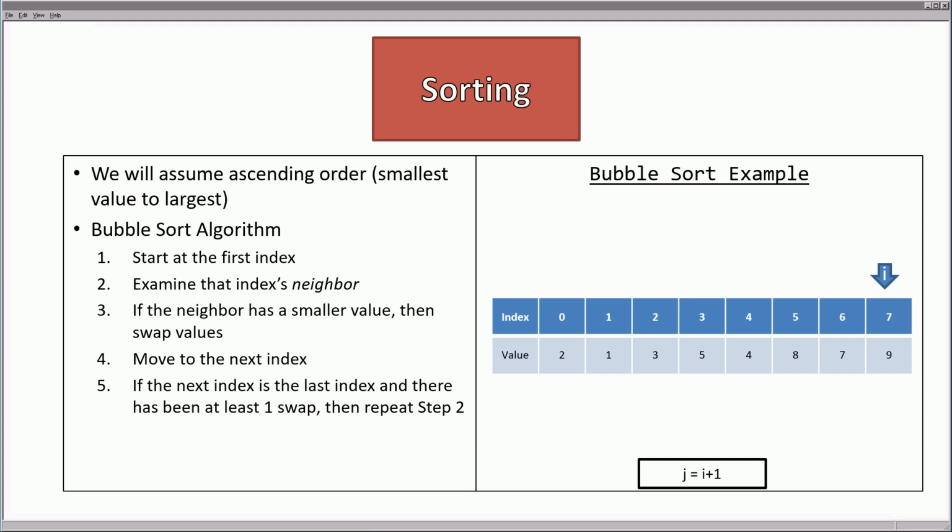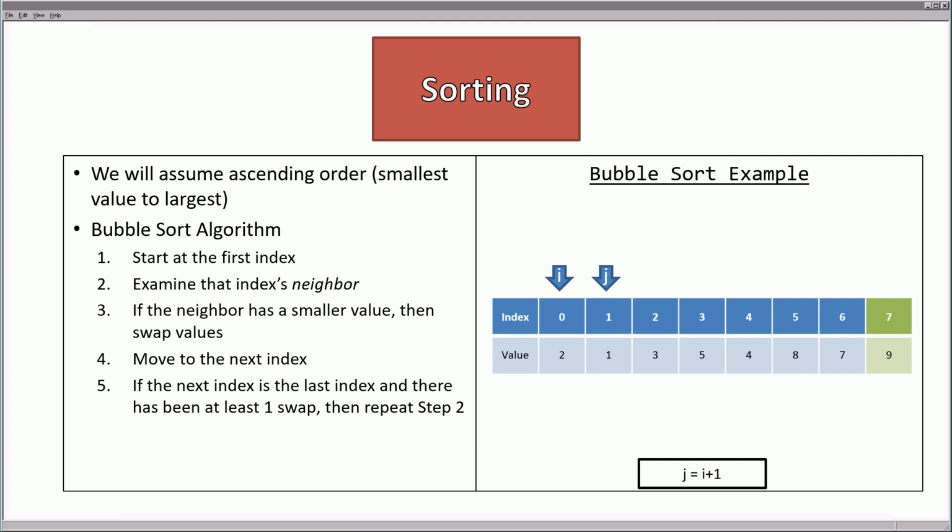Now, as we have made at least one swap, we need to repeat this entire procedure over again until we have made no swaps. One thing to keep track of is, notice, the largest value is at the end here. Bubble sort sort of works in the opposite way that selection sort works.